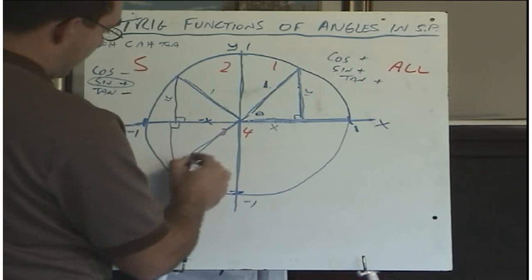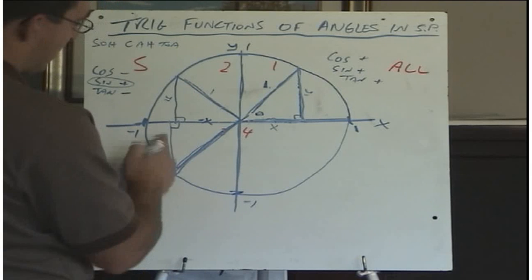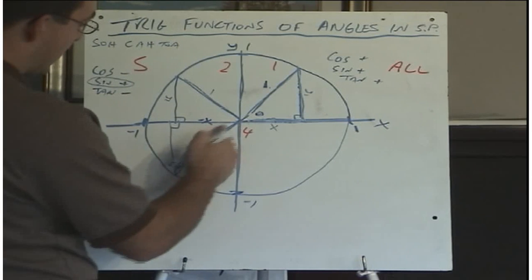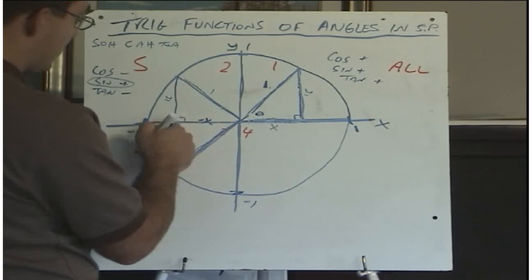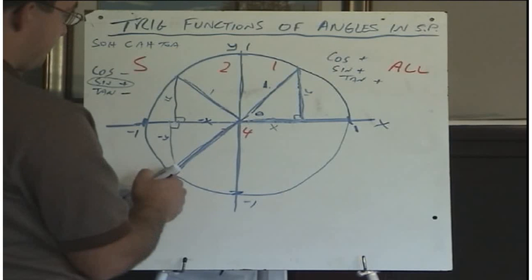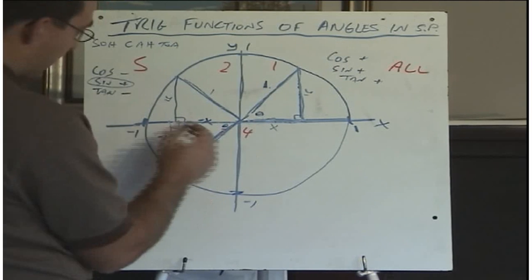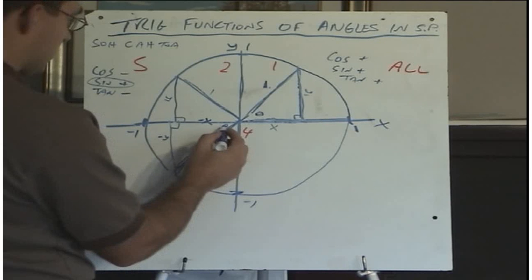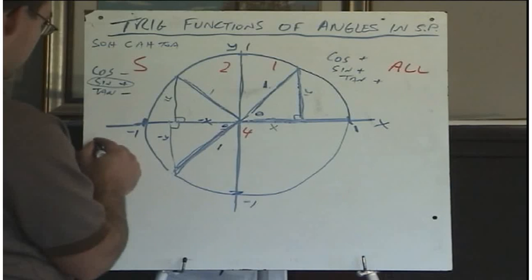Drawing our terminal arm. There it is. And dropping a perpendicular to the x-axis to make a triangle. We now have a negative x value here and a negative y value on this side. So working with our reference angle here, we're starting with cosine, and a radius of 1. Cosine is adjacent over hypotenuse.